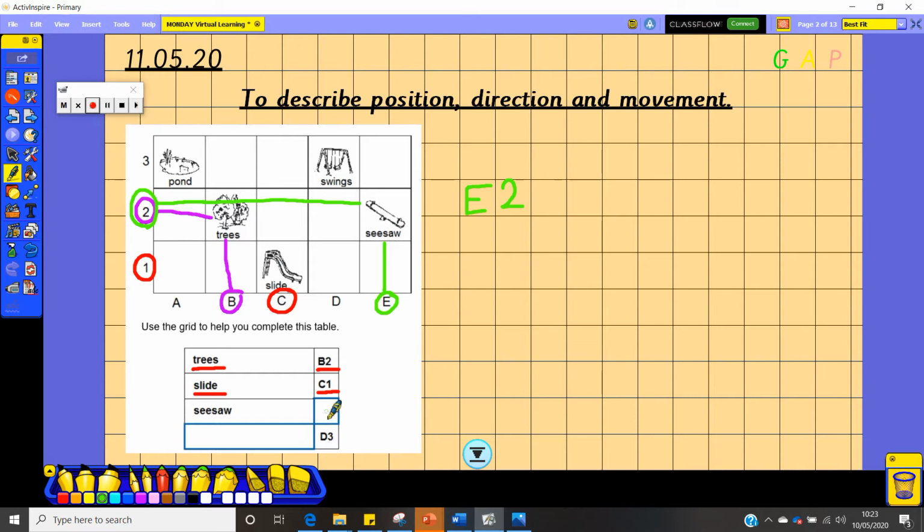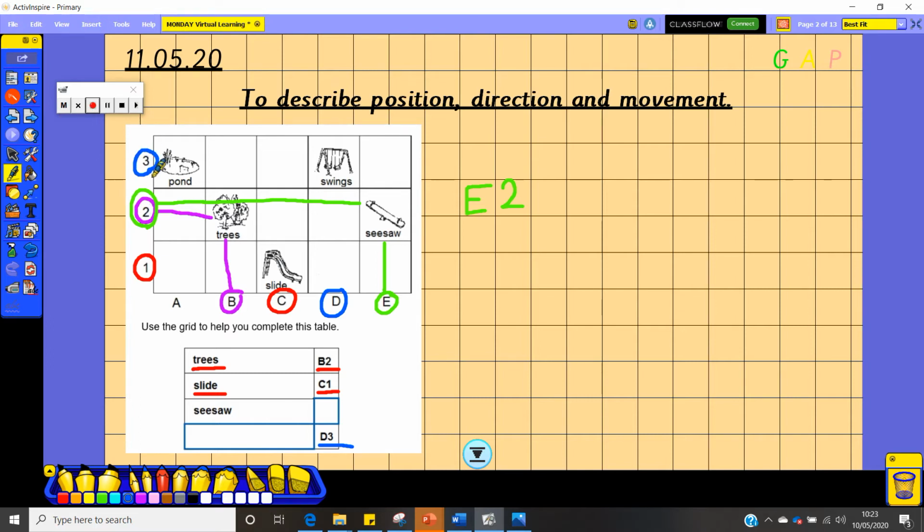Now it's asking us this time for information as to what we would find in D3. We'll have blue this time. So we're looking for D3. So first of all, I need to find D along the bottom, which is here. And then I'm looking for number 3 up the side, which is here.